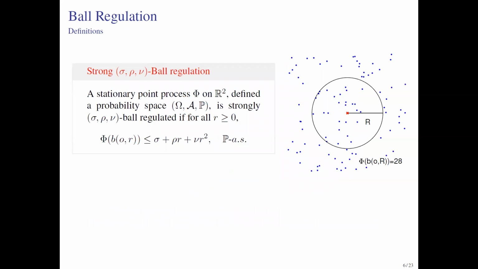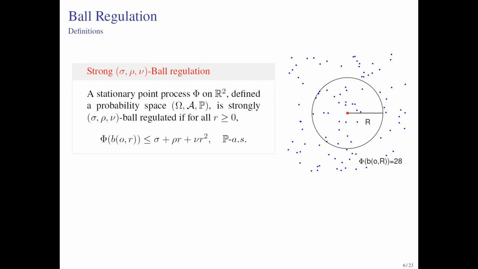So my first definition is called ball regulation, and it says that a stationary point process is strongly (sigma, rho, mu) ball regulated if for all radius, the number of points within this radius is upper bounded by the polynomial formula on the right.